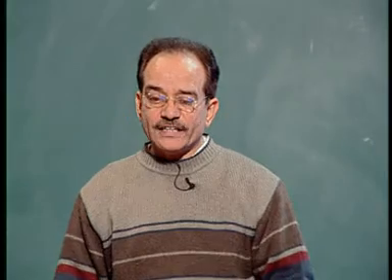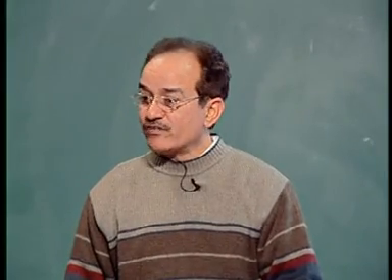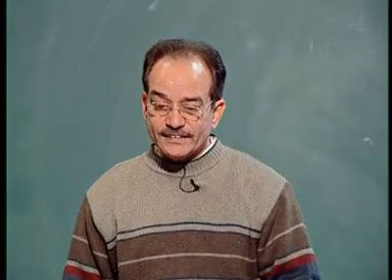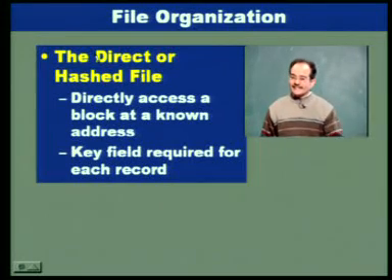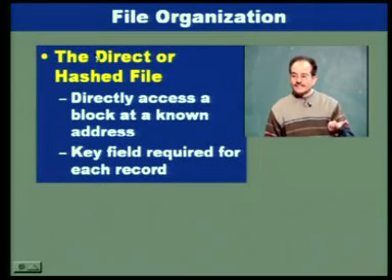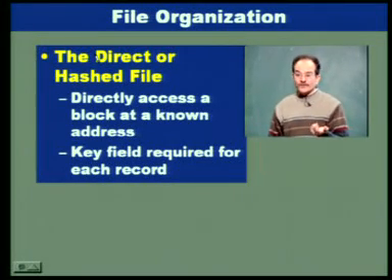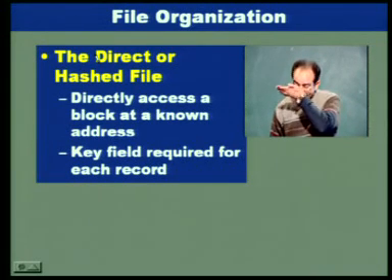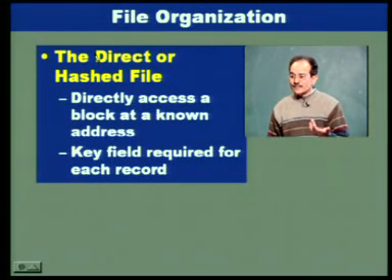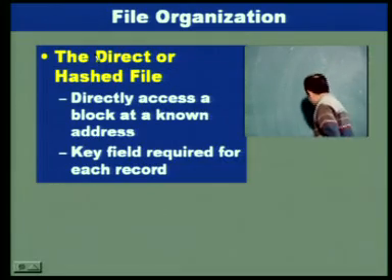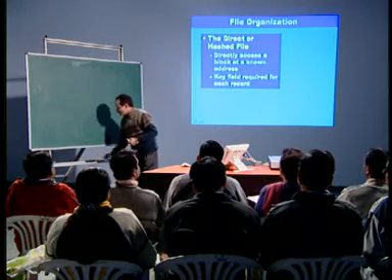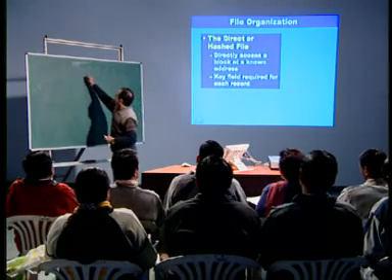Now, another file organization is a direct or a hash file. What is a hash file? What we do is, instead of indexes, I have a function through which I make the hash value. I hope in data structures you might have gone through these hash values. What happens in this case is, let me explain. Let me say I have a key value.